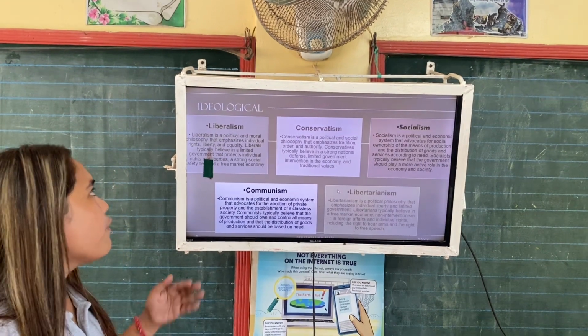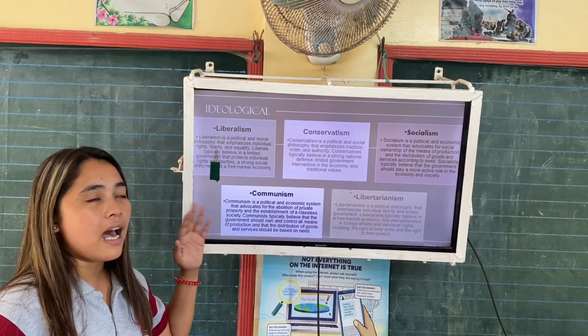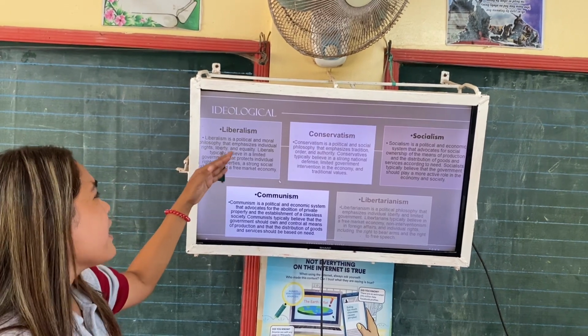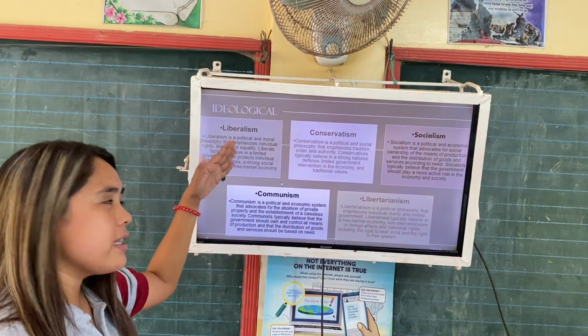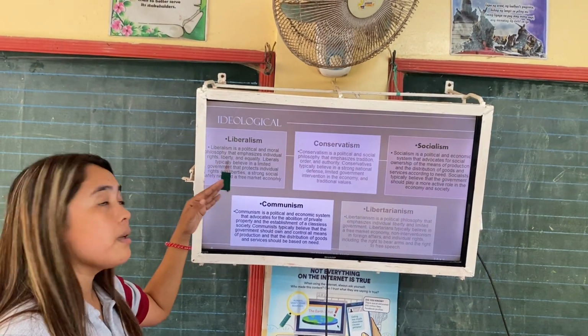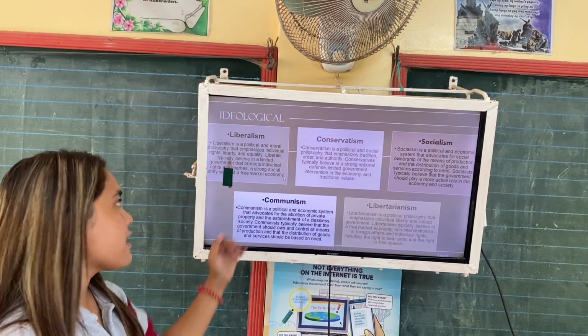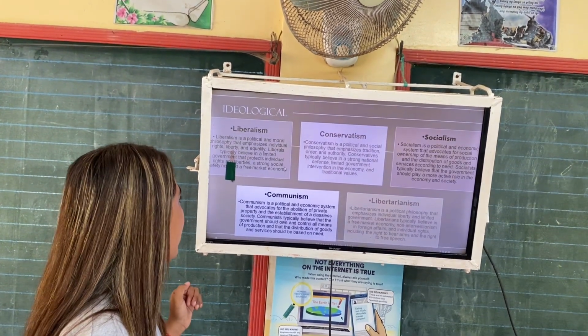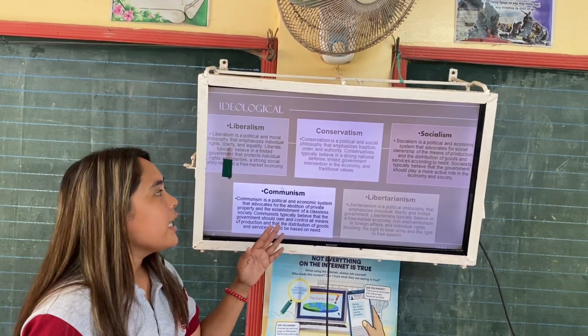And then, let's move on to ideological aspects of the USA. So first here, in liberalism, liberals typically believe in a limited government that protects individual rights and liberties, a strong social safety net, and a free market economy.